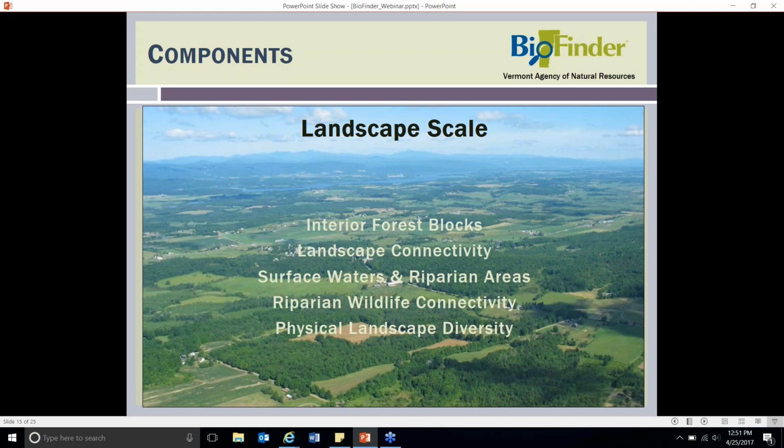Physical landscape diversity refers to different combinations of bedrock and soil and aspect, whether it's facing north or south, how steep the slope is.